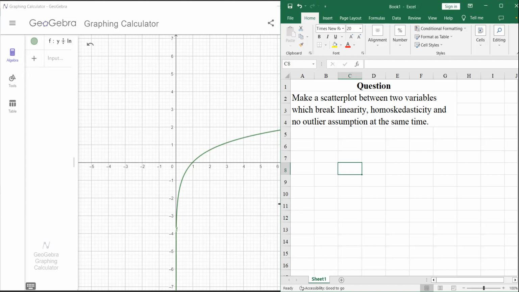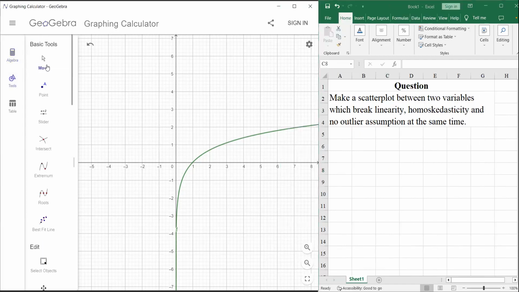Now, if any points were assembled such that they were around an ln curve like this, then these points would break the linearity assumption.